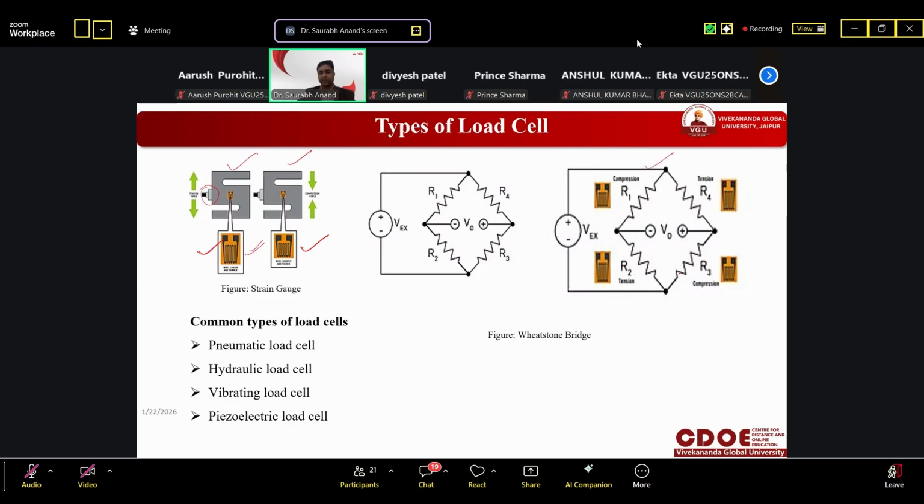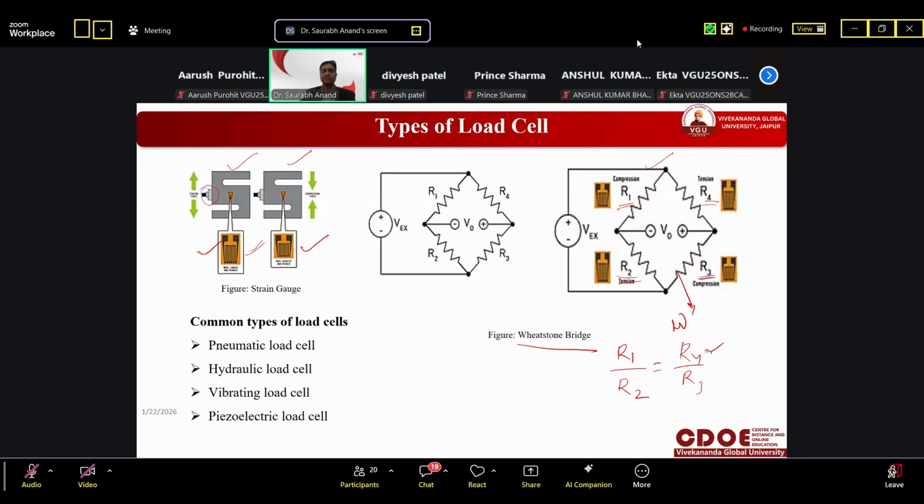We have used the bridge. This is known as the Wheatstone bridge. Wheatstone bridge has four resistances: R1, R2, R3, and R4. If there is no change, no variation, then it is known as a balanced bridge, and the condition is that R1 upon R2 should be equal to R4 upon R3.